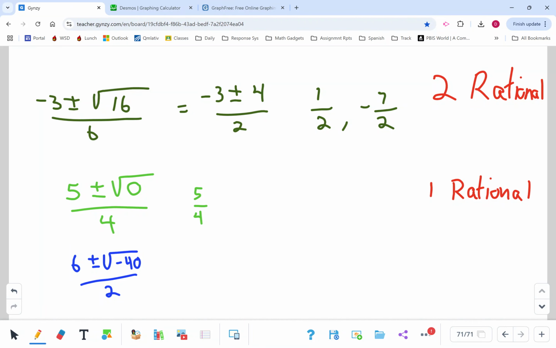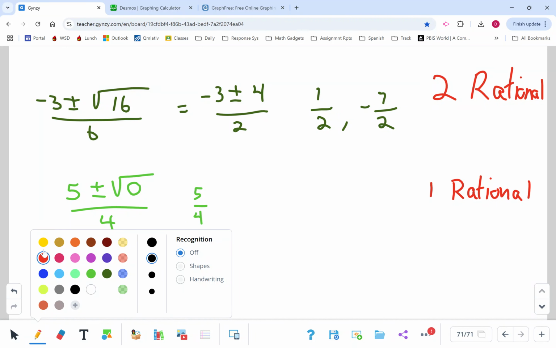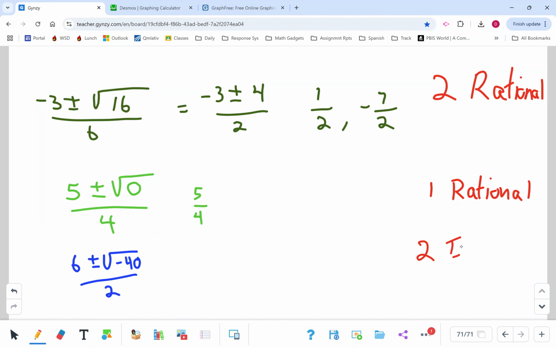You're going to get 2 non-real solutions, or 2 imaginary solutions. So we'll write 2 imaginary solutions. I should have clarified here. This should be 2 real rational. This is 1 real rational. And then we're going to get 2 imaginary.